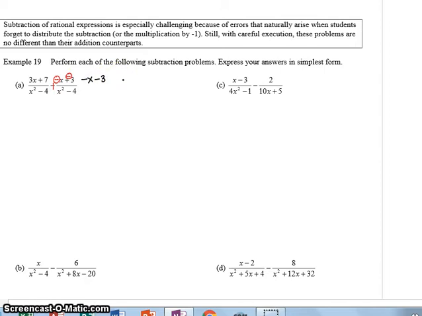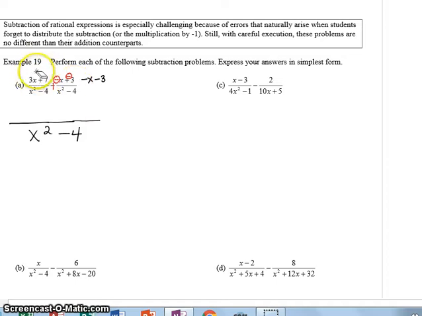Okay, that's that numerator. So this is going to have a common denominator of x squared minus 4. They're matching. Okay? So you're going to keep and carry that x squared minus 4. You could tell me it's x plus 2 times x minus 2, but they're the same thing.